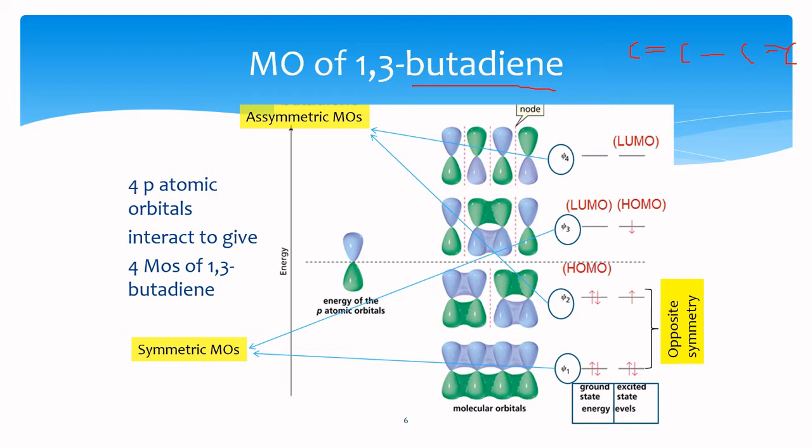Since we have four carbons here, we need to have four p orbitals. These four p orbitals are now divided into a bonding region and an anti-bonding region.